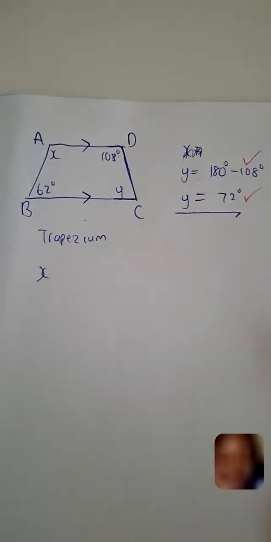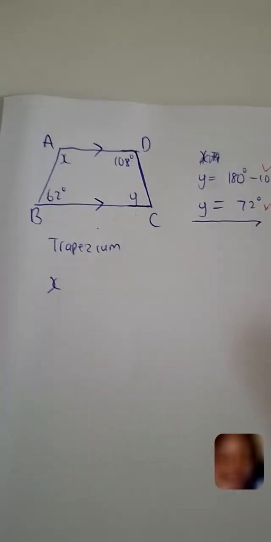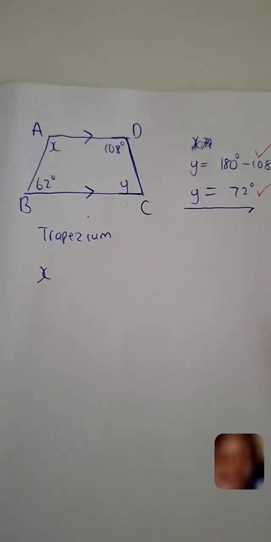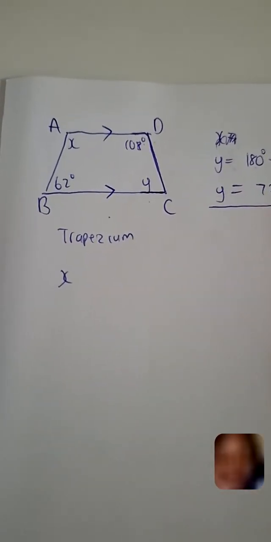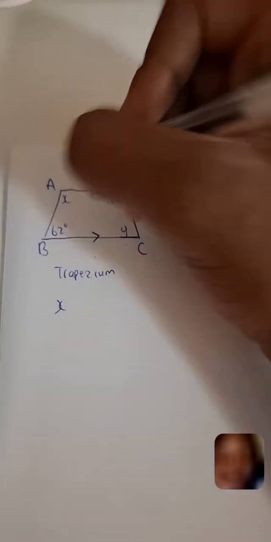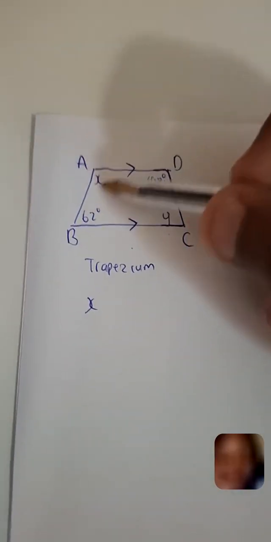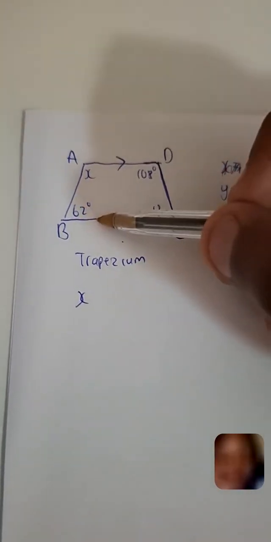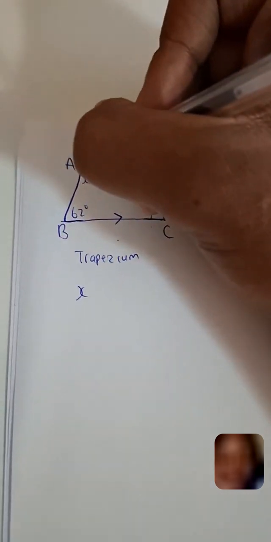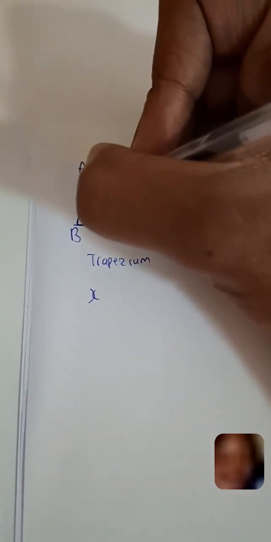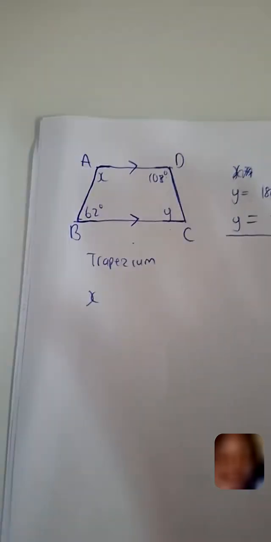Let's move on. We want the value of x, the angle x. There's angle A, and they form a U shape too. I hope you guys are seeing what Kia does.